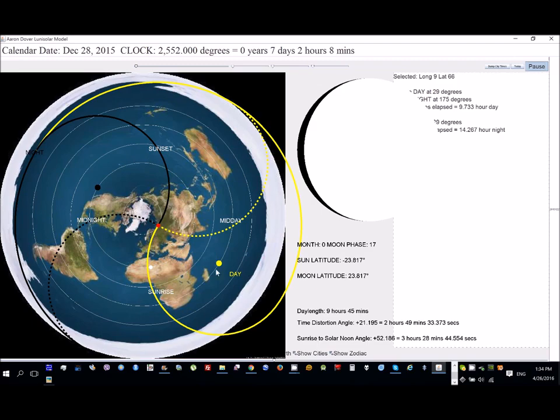What you're looking at is the angle between those lines, the angular difference between 180 degrees and the distance the sun or moon have to travel to get to the night or day. So let me try and explain that more clearly. The sun is here when we have sunrise, okay, and the moon is over here.